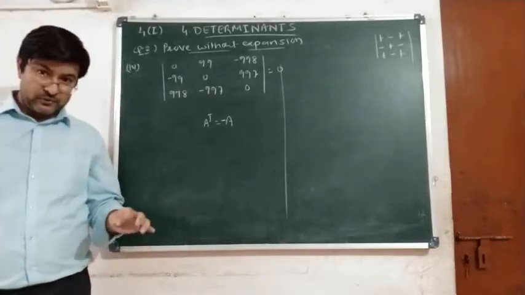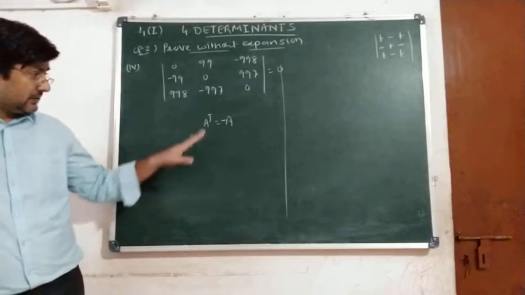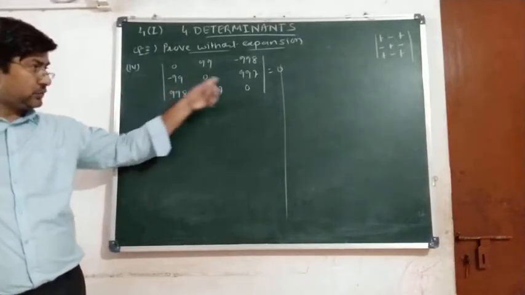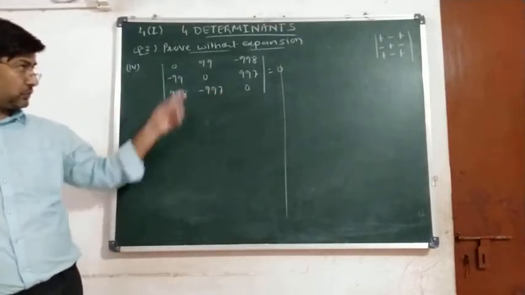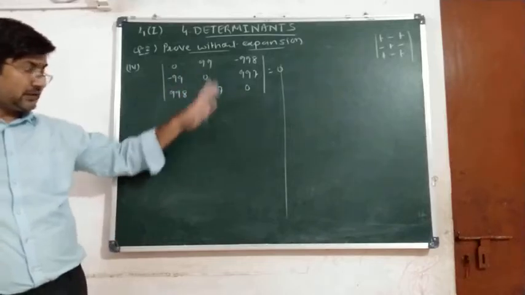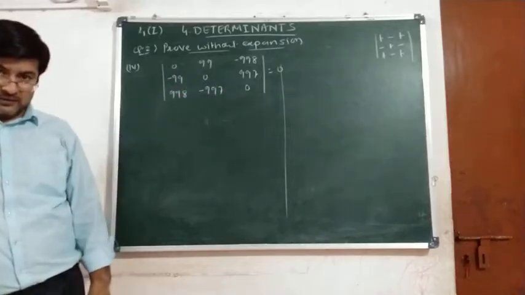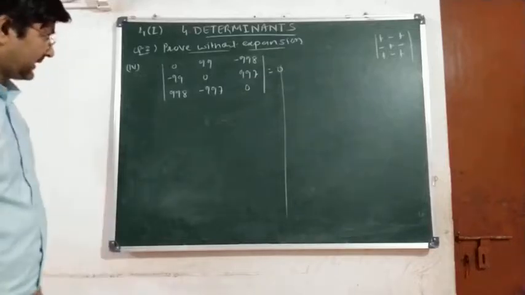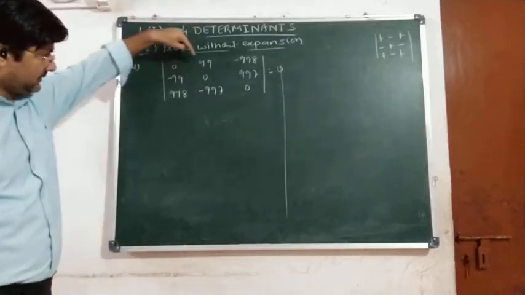And one more thing we had noticed, that each diagonal entry in a skew symmetric matrix will be 0. So by looking at this entry, you will be able to understand that this is a skew symmetric matrix.